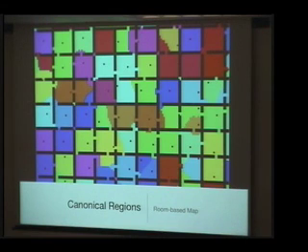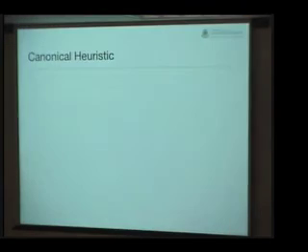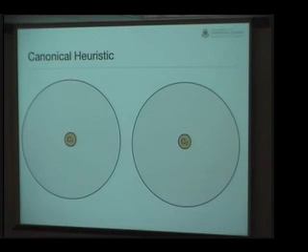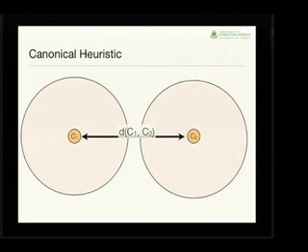So what I want to do is talk about what we can do if we have this sort of representation of the world. But let's look at it in a more abstract view. We have a set of canonical states, and we have regions around them. And what I'm going to do is store, for all canonical states, the distance between all pairs of canonical states. So this looks like all pairs shortest path, except it's a limited pairs shortest path problem.